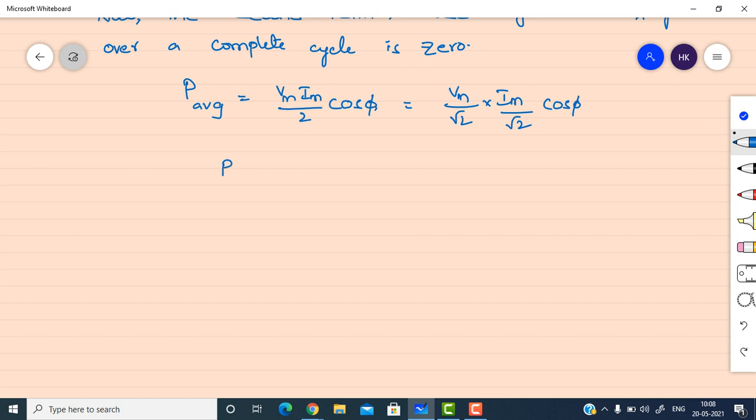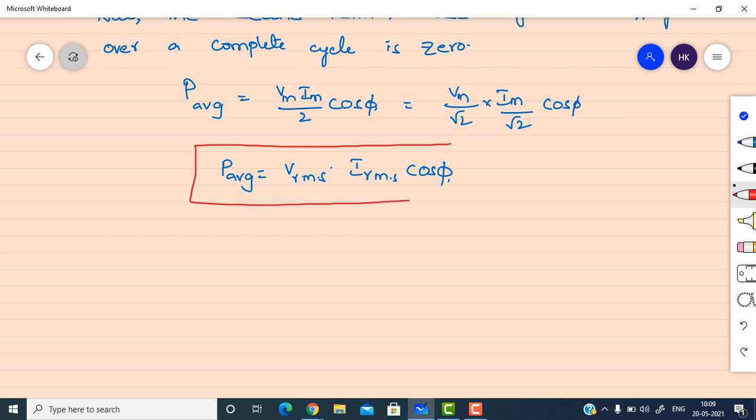So P average is equal to Vm by root 2, that is Vrms, into Im by root 2, that is Irms, into cos φ. So V I cos φ is the average power consumed. The equation for the average power consumed for the given series RL circuit is this. V I cos φ is the average power.